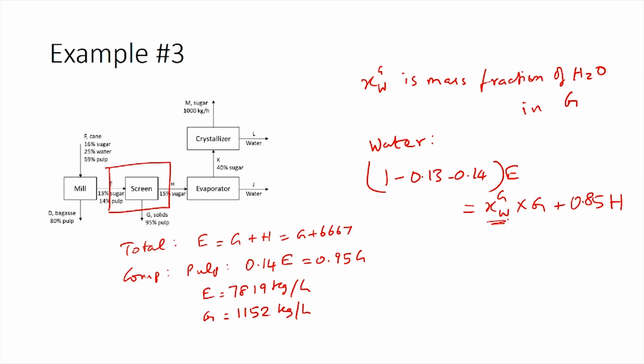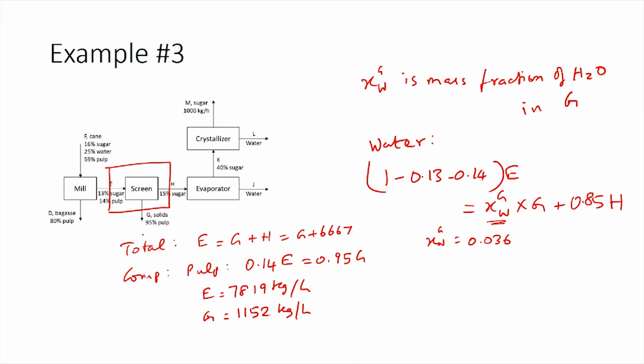So, we can calculate the mass fraction of water in the stream G as XWG equals 0.036.